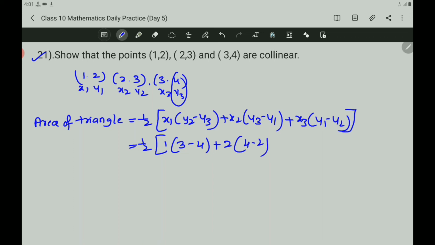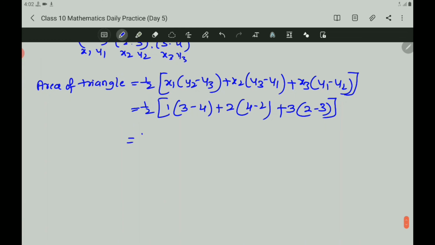Plus x3, x3 is 3, into y1, y1 is 2 minus y2, y2 is 3. Then you write 1 by 2 into 1 into (3 minus 4). 3 minus 4 is minus 1, plus 2 into (4 minus 2) is 2, plus 3 into (2 minus 3) is minus 1.